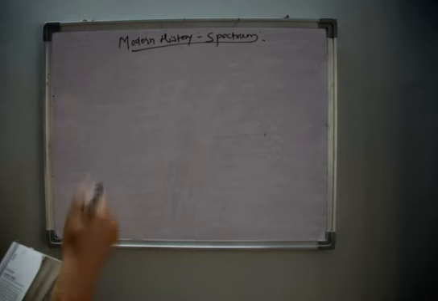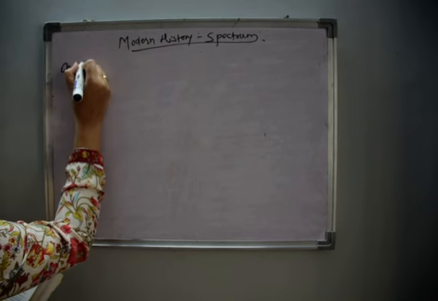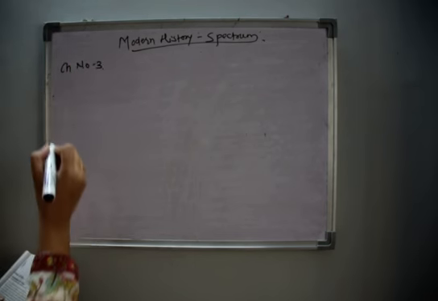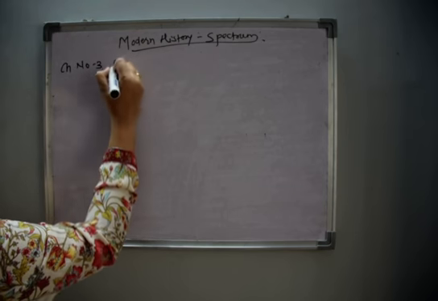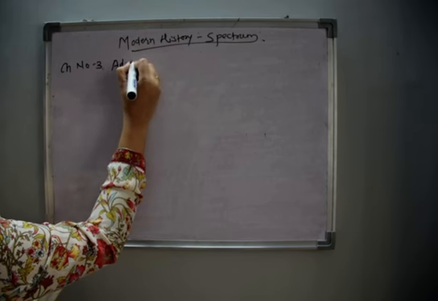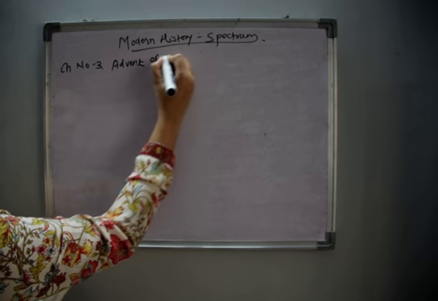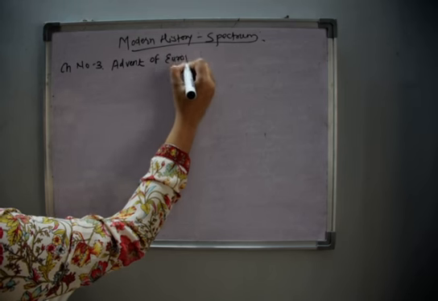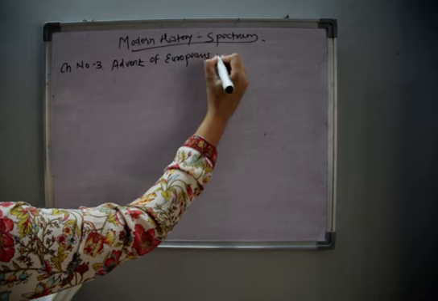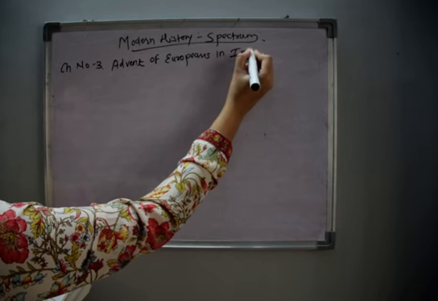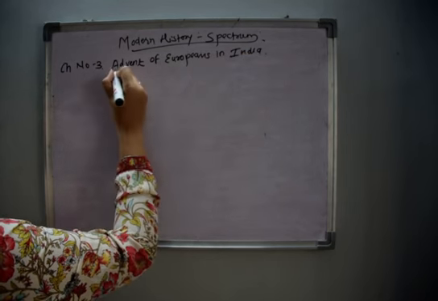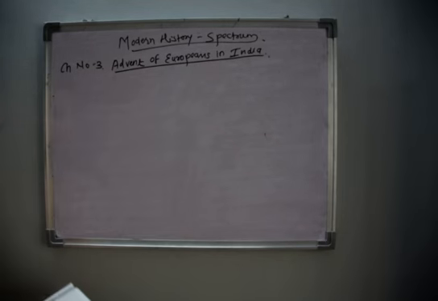That is chapter number 3, Advent of Europeans in India. So we are going to start with it.